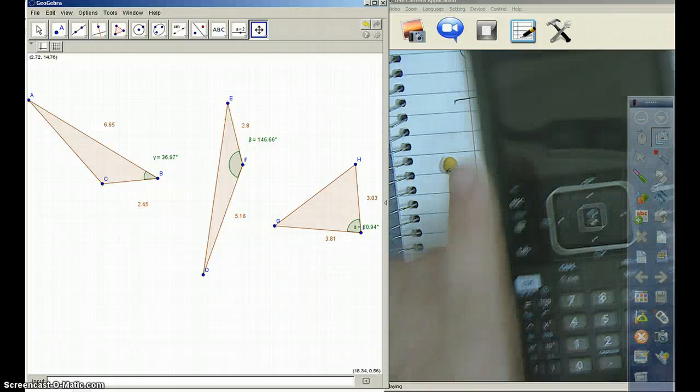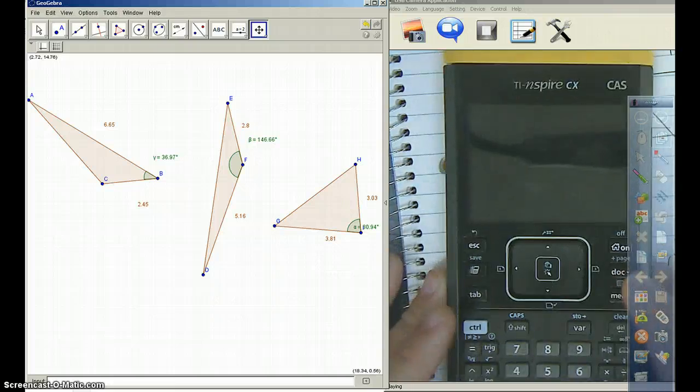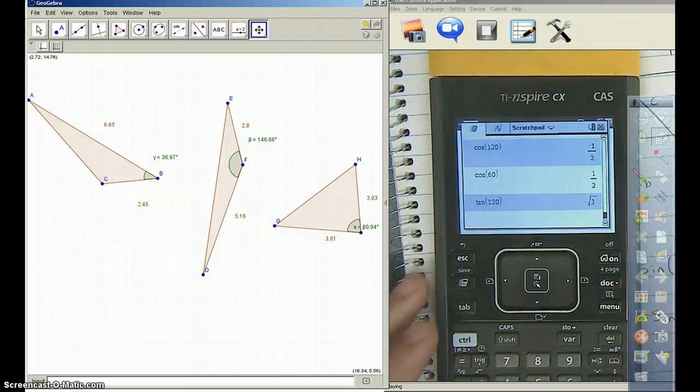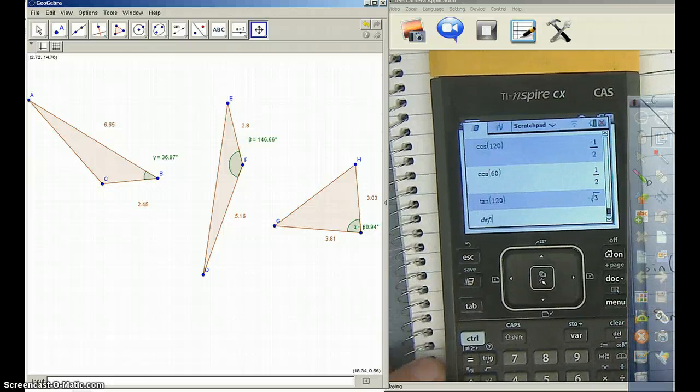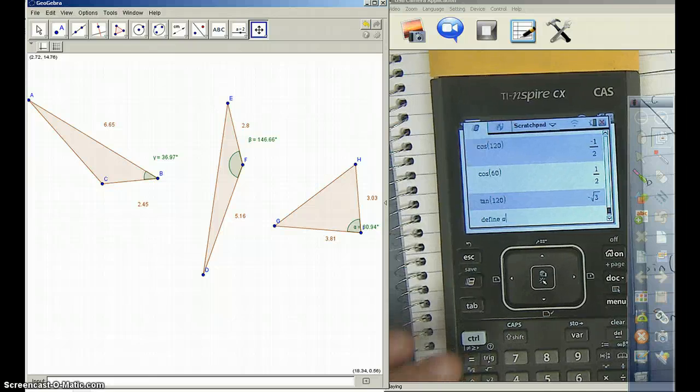Okay, so now I've got to remember my formula. I'm going to show you a little trick that's pretty neat to do here. And I can define it. So I'll just say define, and I'll call that area triangle, ATRI. I'll just go ATRI equals.